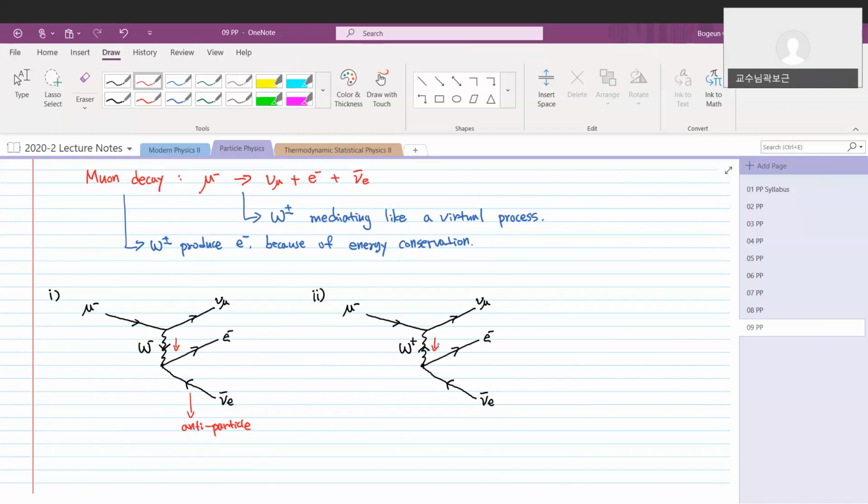So charge is still conserved in this case, but the W plus and minus bosons move in opposite directions to each other. So these are the 2 muon decays in our nature.